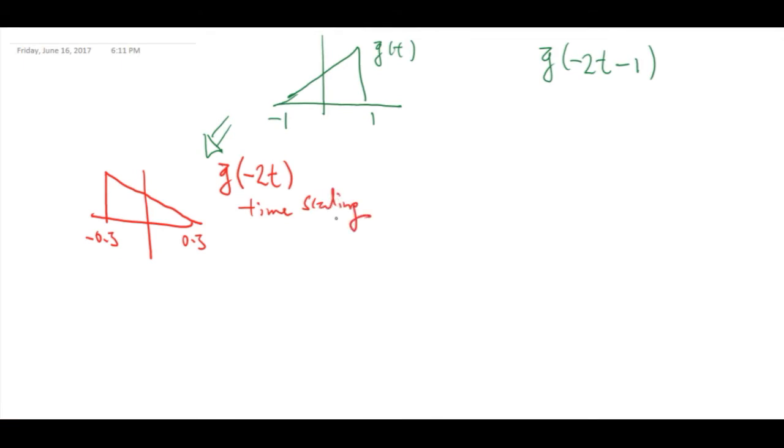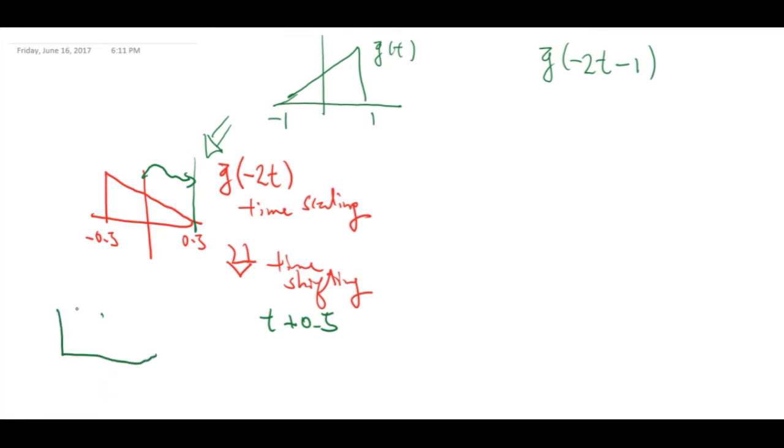Then after we've done this, we can do one more job, which is time shifting. This time we are going to replace t by t plus 0.5. By doing that, we are going to shift this axis into the positive direction somewhere here. By shifting it, we will obtain such a thing.